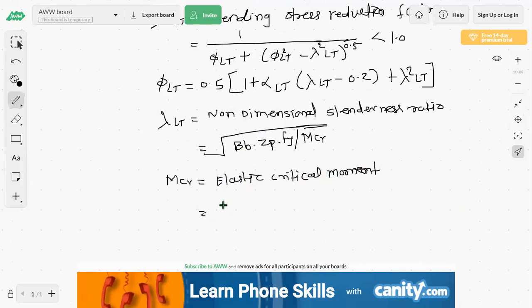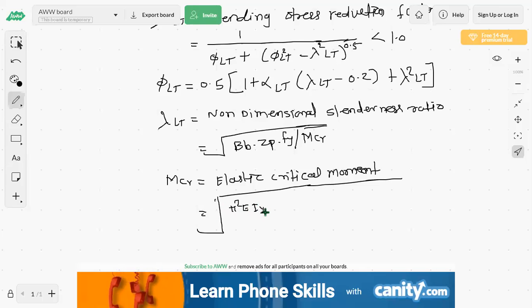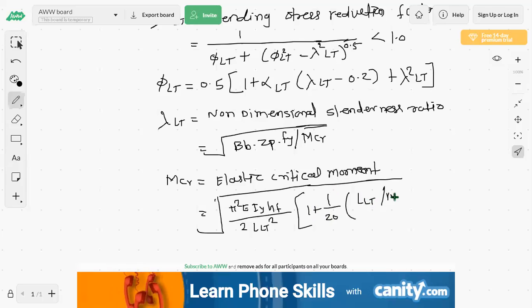Now how to calculate MCR? MCR is equal to under root of pi square E Iy, where Iy is the moment of inertia about y axis, into hf divided by 2 LLT square, in bracket 1 plus 1 by 20, again bracket, LLT divided by RY divided by HF divided by TF, bracket complete, square.